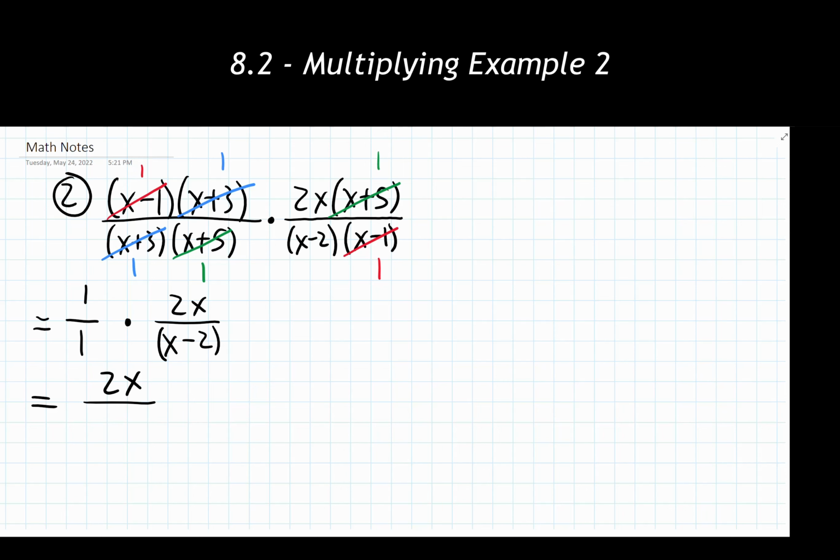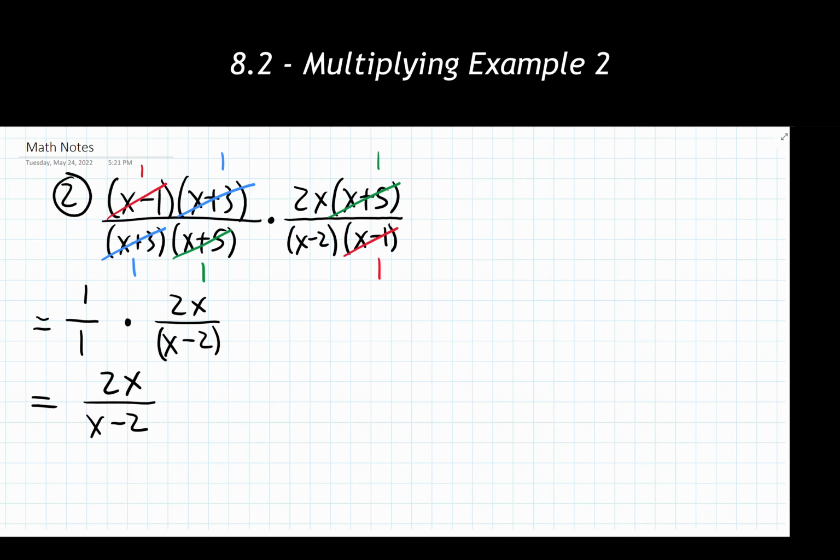And then 1 times the quantity x minus 2 in the denominator. So I get x minus 2 down below. Now again, we always look to see, can I factor anything out of the numerator? Can I factor anything out of the denominator? No, I can't, so I cannot cancel anything else out here.